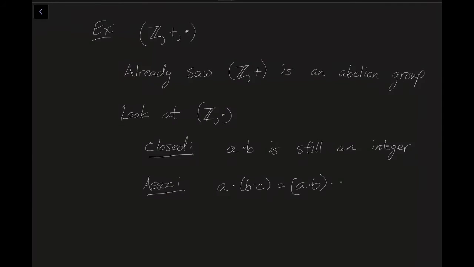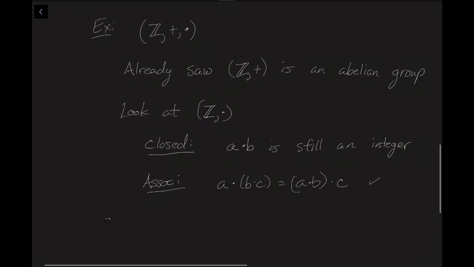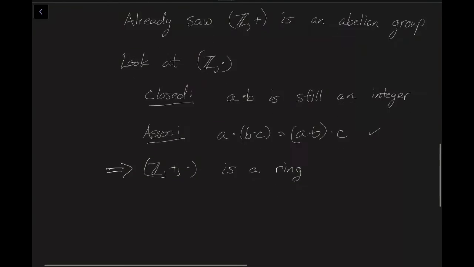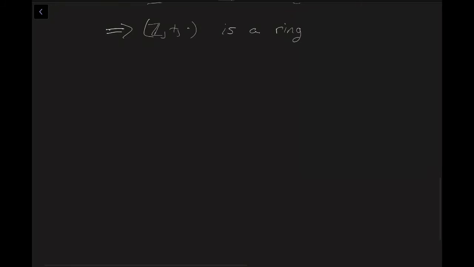So 2 times 3 times 5, doesn't matter if I do 2 times 3 first and then times 5, or if I do 3 times 5 first and then multiply it by 2. So all we have left to do is check to see the distributive property holds. And I'll leave that as an exercise to the viewer. It's not very difficult. We already know how to do it.